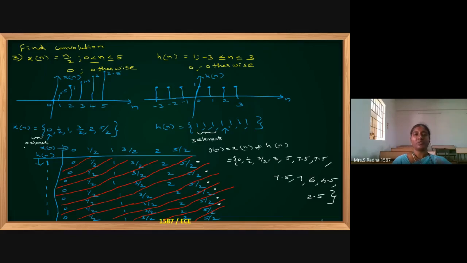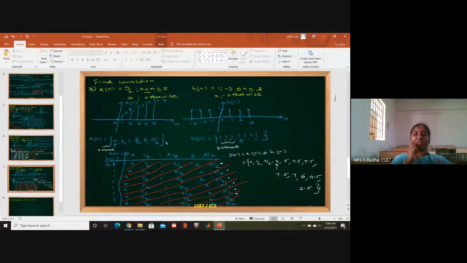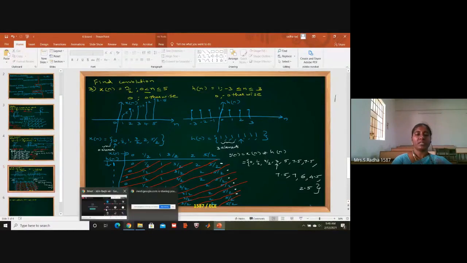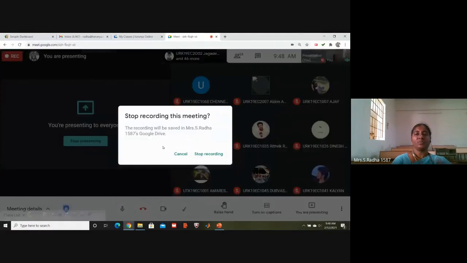Add these two: 0 plus 3 is 3. So leave 3 elements and put the arrow mark. This is one important point we discussed in this problem. We will stop here. You can check whether the length of the elements is matching.